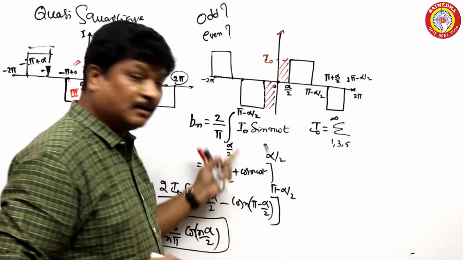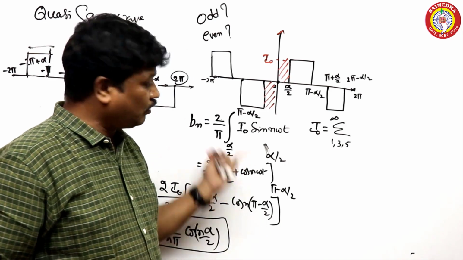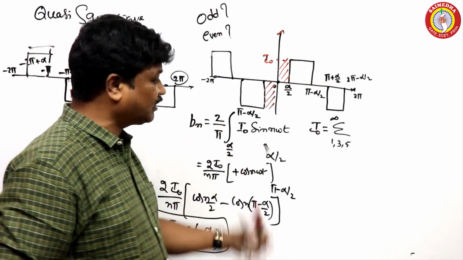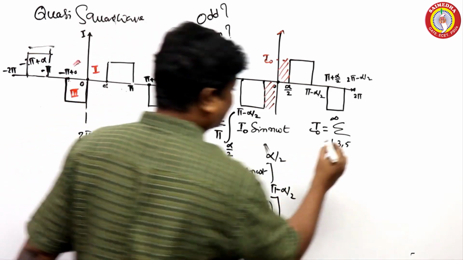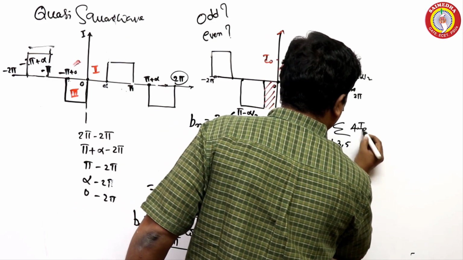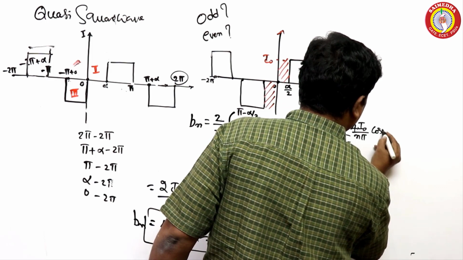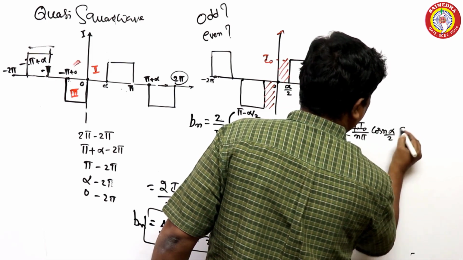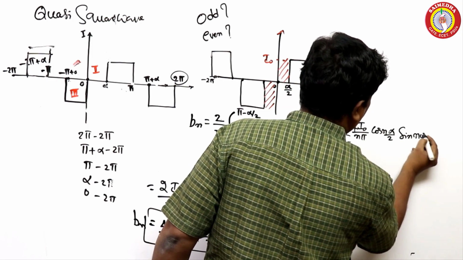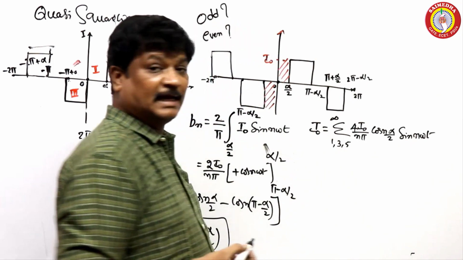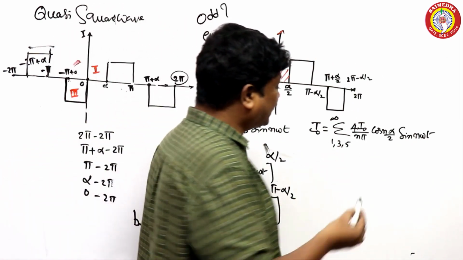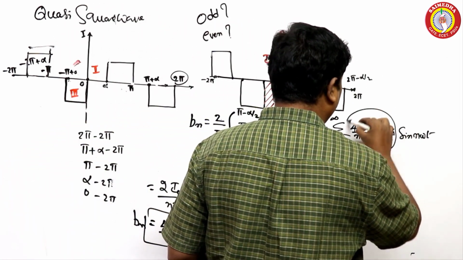Why are the evens 0? We just got it. But what is the expression we got? 4 I naught divided by n pi, and the remaining thing is cos n alpha by 2 sin n omega t.